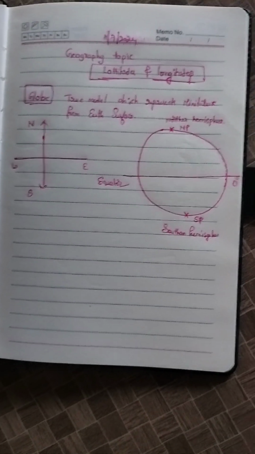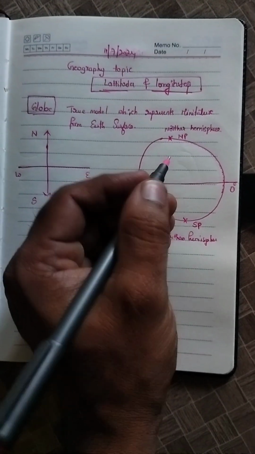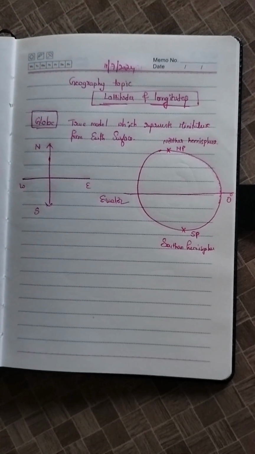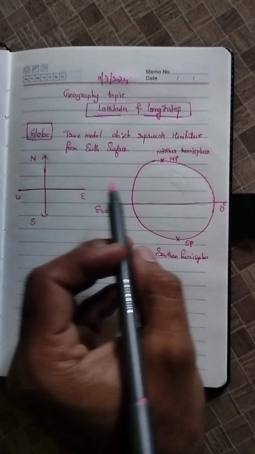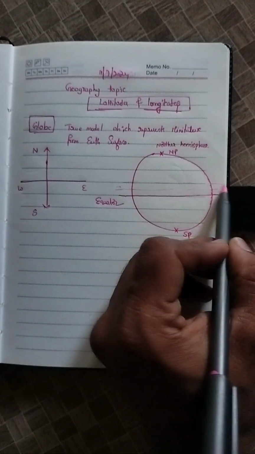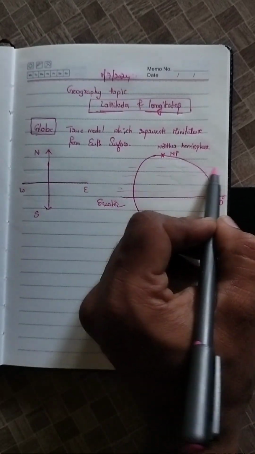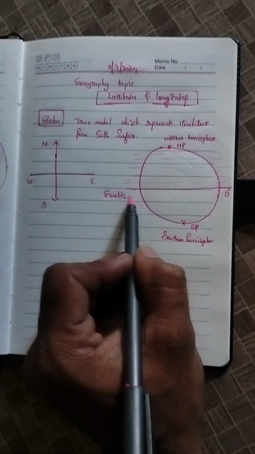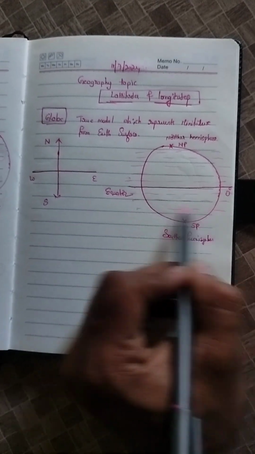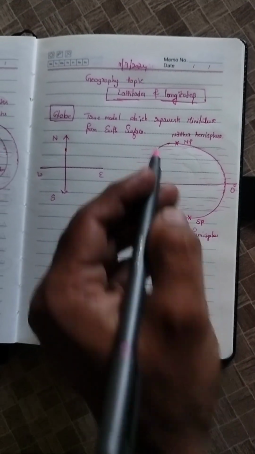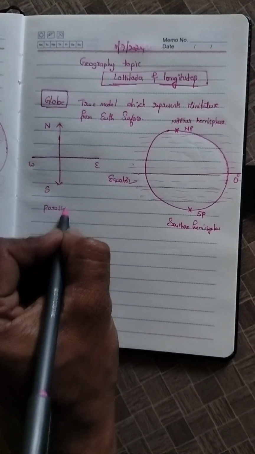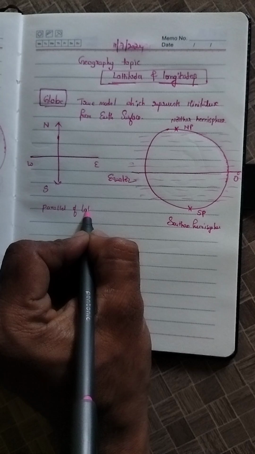Now, these imaginary circles parallel to the equator, towards the north pole and towards the south, are called parallels of latitude.